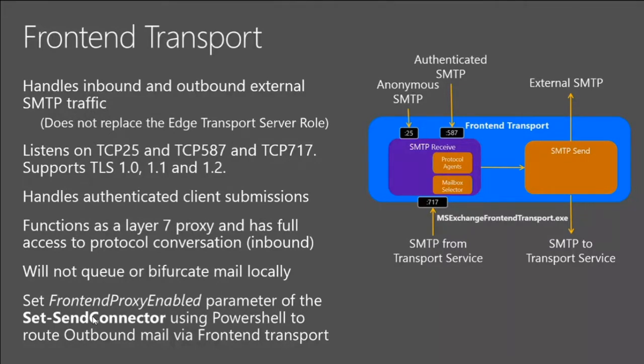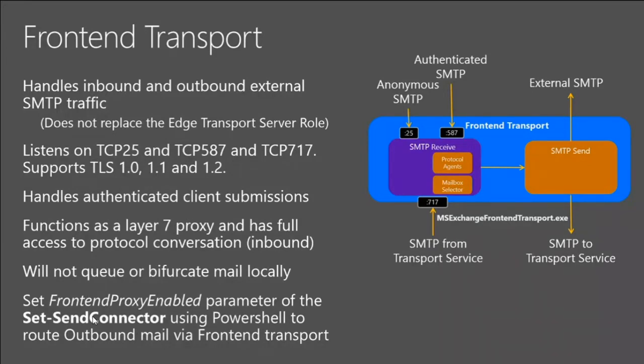I don't know if you have Thunderbird or one of those clients that's using client submission via port 587. The one change that has been made is that now we support TLS 1.2 in addition to 1.0 and 1.1. That shipped in CU 8, I believe, for 2013. So even 2013 gets TLS 1.2, as well as 2016.